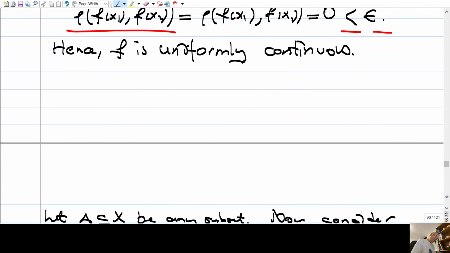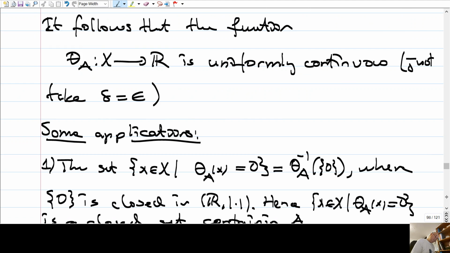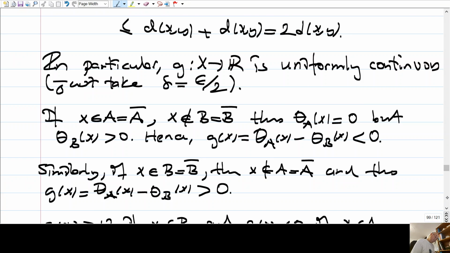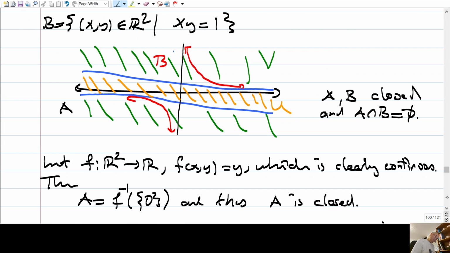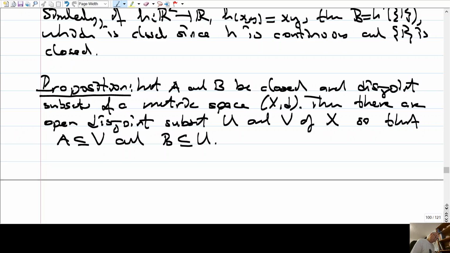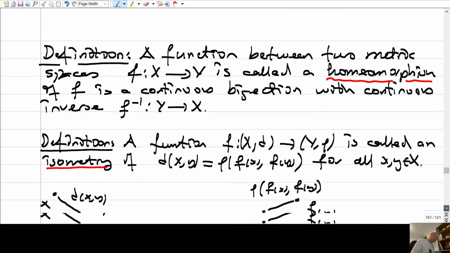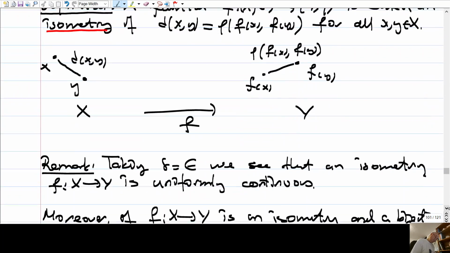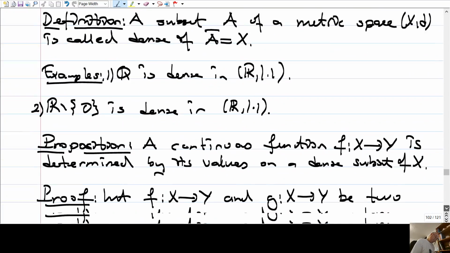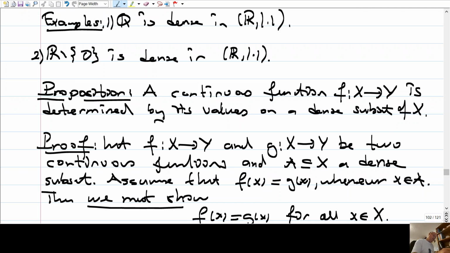Let me see. Okay, this proposition: a continuous function f from a metric space to another is determined by its values on a dense subset.